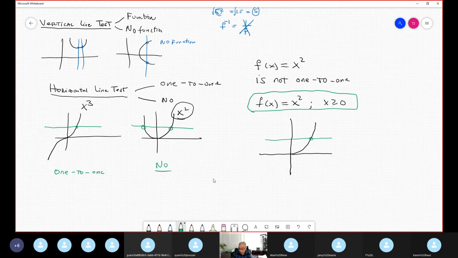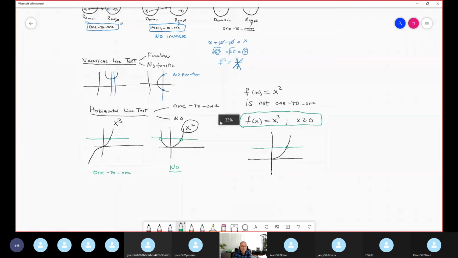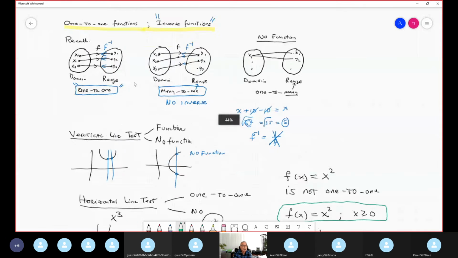Wait. I forgot something important. Remember, the inverse is when you interchange. Basically, you interchange the domain and range. In other words, you interchange x and y.